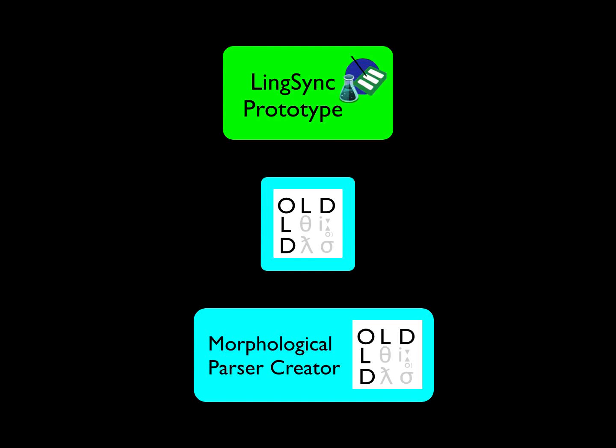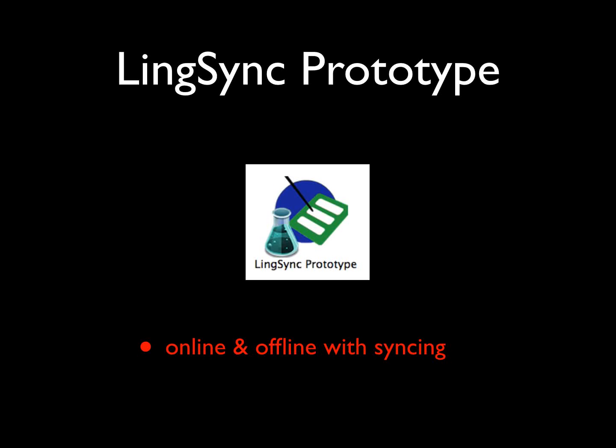Having shown you what Dative looks like, I will now very briefly review the good parts of LingSync Prototype, the OLD, and the OLD Morphological Parser Creator that I plan to incorporate into Dative. LingSync Prototype works offline, and when internet connectivity is restored, your locally stored data are synced with the server-side database.